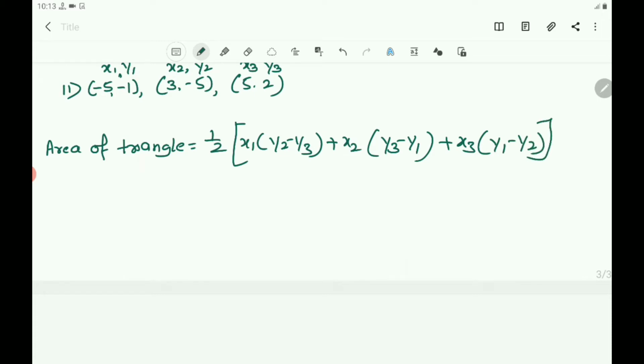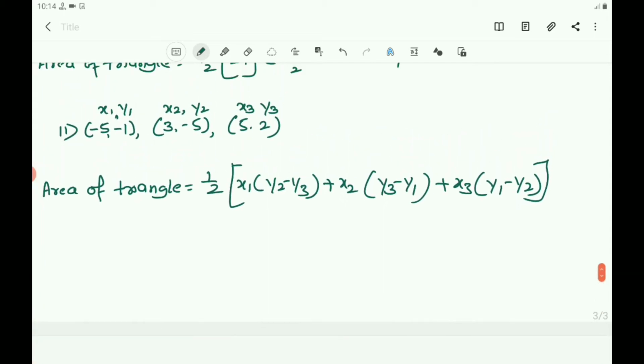Here you observe the way of writing the formula: x1 y2 y3 in one set, x2 y3 y1 and x3 y1 y2. Now you substitute the values of x1 x2 x3 y1 y2 y3 equals half into x1 value is -5, y2 is also -5, minus y3 is 2.